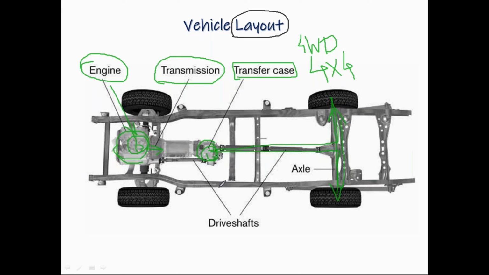The transfer case will transfer the power to all four wheels instead of only two wheels. There are a number of advantages for four-wheel and two-wheel drives, and though there are different pros, cons will be there. Disadvantages will also be available.